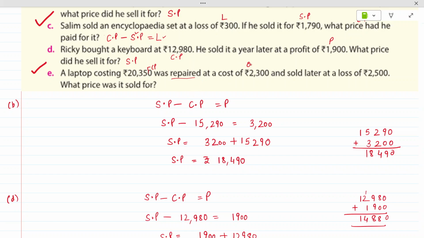So this is overhead charges. And then it is sold later at a loss of 2,500. What we have to find here is the selling price.